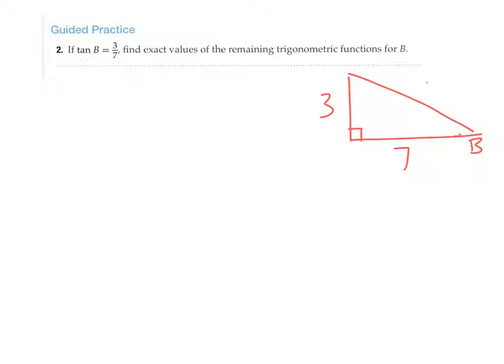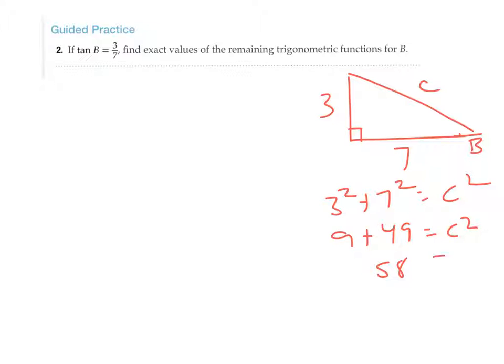So what we don't know is this. Tangent of B is the opposite over adjacent. And now I need to find c in this case. So 3 squared plus 7 squared equals c squared. And this is 9 plus 49, which happens to be 58, equals c squared. And so to find c, I take the square root. So the square root of 58 equals c.